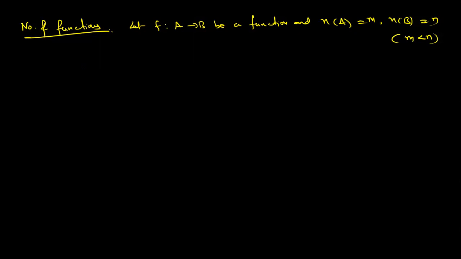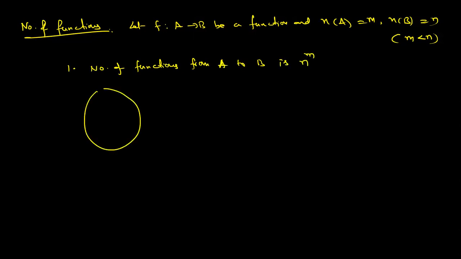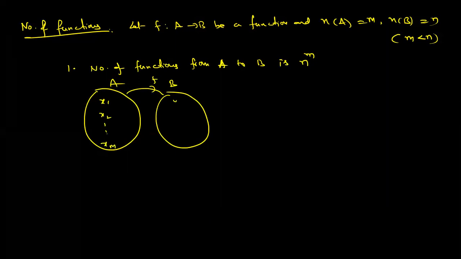Number of functions. What is the formula? Number of functions from A to B is n power m. See, dear students, x1, x2, and so on, xm are in A, and y1, y2, and so on, yn are in B. So for x1, how many images are possible?